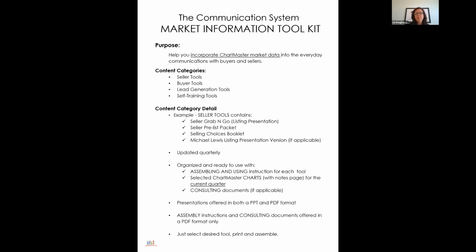Also, there's a pre-list packet in there that's also ready to go. So that's helpful. Selling Choices is an awesome tool. This is for your for sale by owner leads, or really anyone thinking of going with a discount broker or selling on their own.